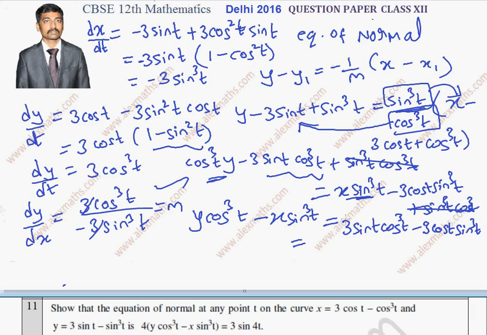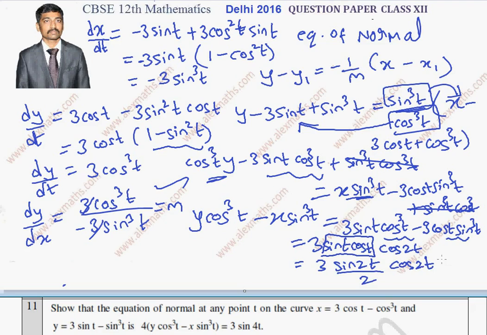Now I can take 3 sin t cos t common here. After taking common, we are left with cos square t minus sin square t, which we know is cos 2t. And this entire part is sin 2t by 2. So 3 sin 2t by 2 into cos 2t.